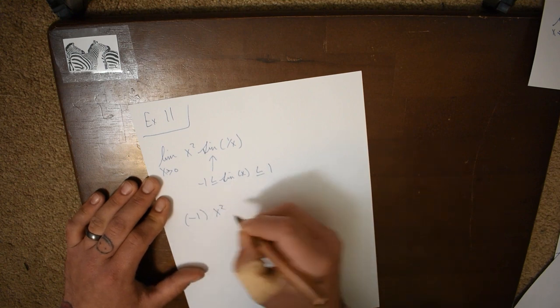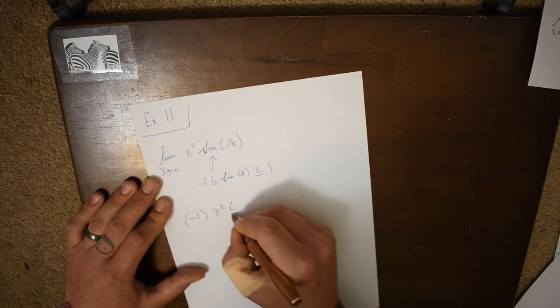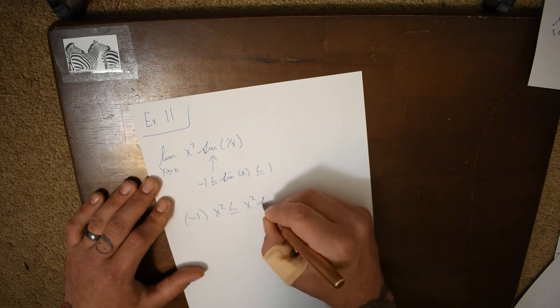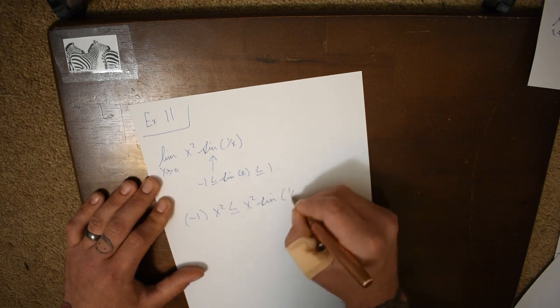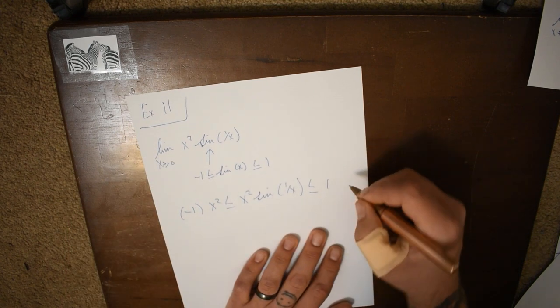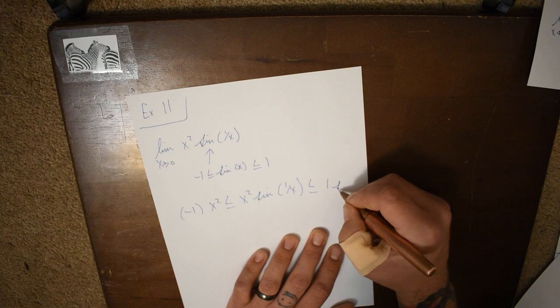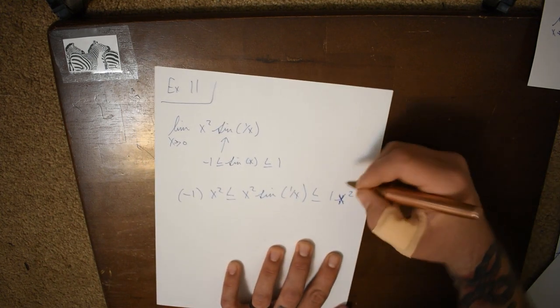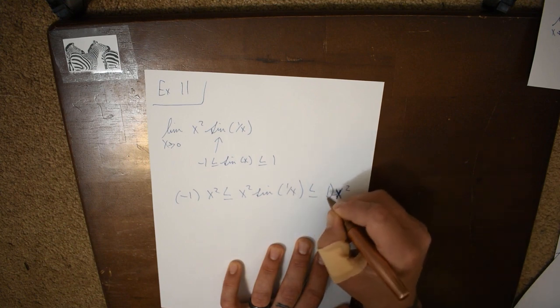So that means -1 times x squared has to be less than or equal to x squared times the sine of 1 over x, which has to be less than or equal to 1 times x squared.